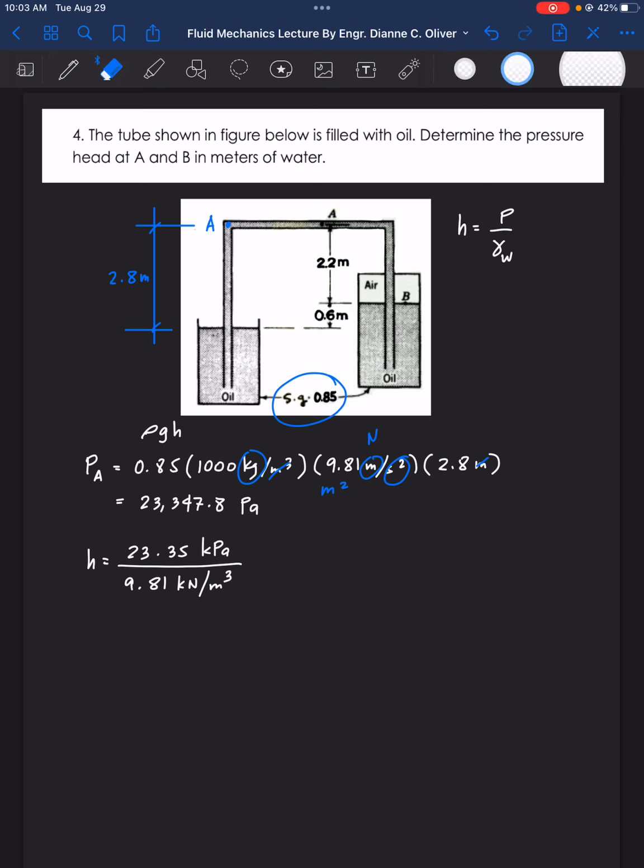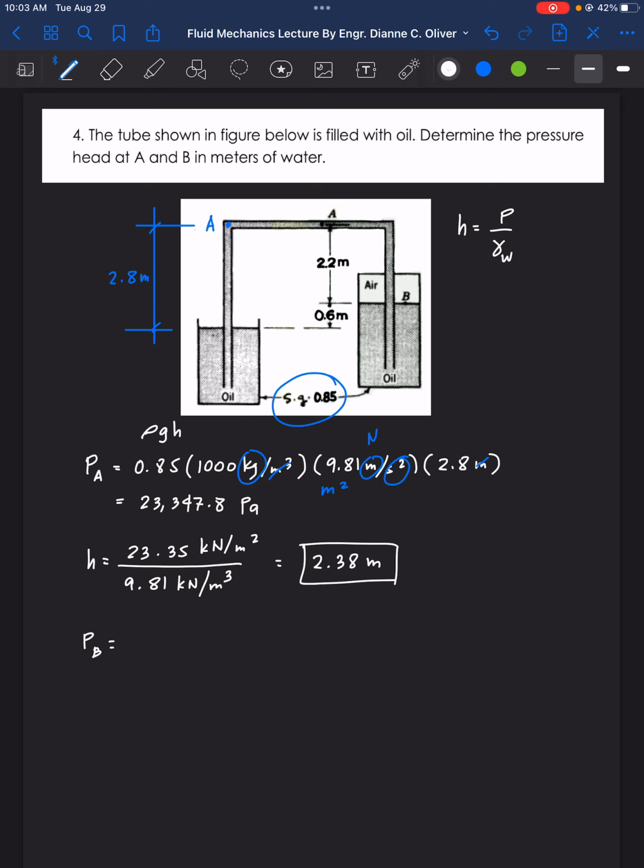So H is equal to 2.38 meters. How about pressure at B?